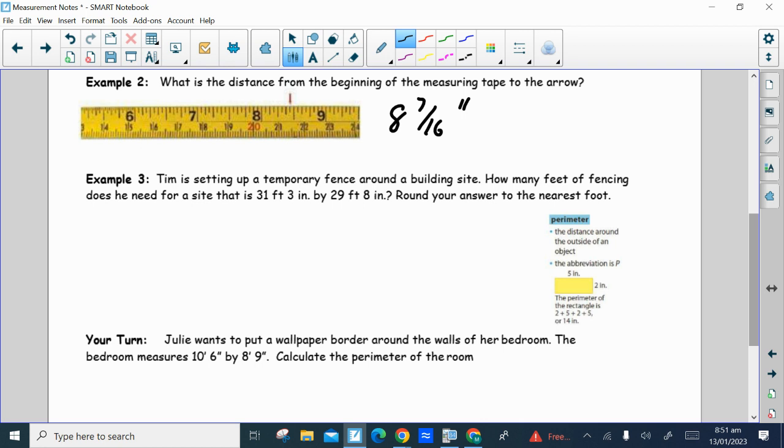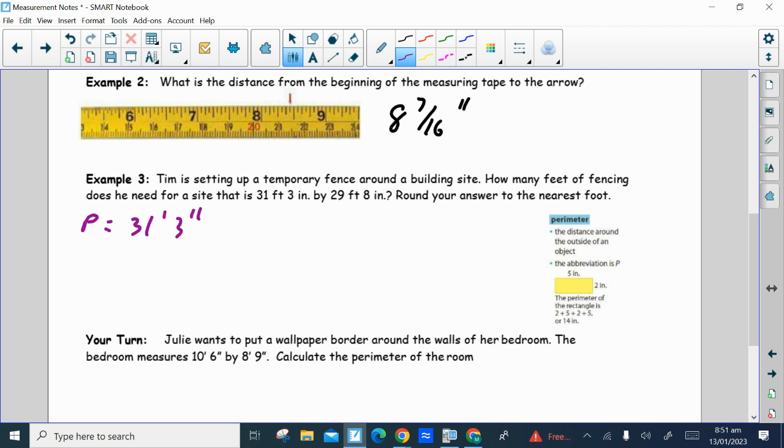In that example, that small one on the right there, if you've got a rectangle that measures 5 inches by 2 inches, the perimeter can be found by adding up all 4 sides. There's 2 sides that are 2 inches and 2 sides that are 5 inches. So in this case, we can find the perimeter of this rectangular fence area by adding up 31 feet 3 inches.